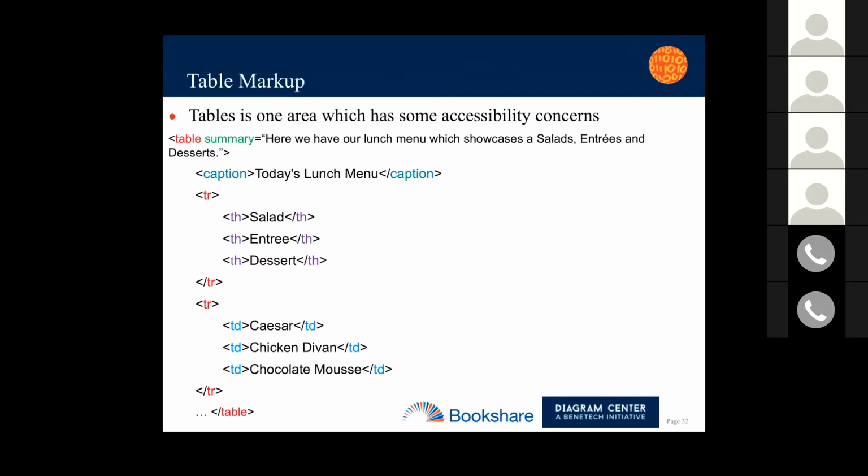So when a screen reader goes through and goes from column 1 to column 2, they'll actually hear things like salad, Caesar, entree, chicken, dessert, chocolate mousse. So they understand it, it makes sense.